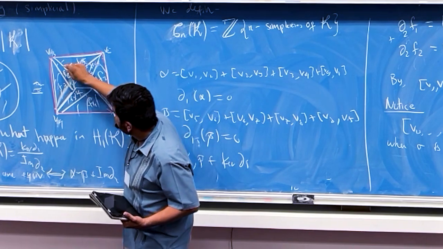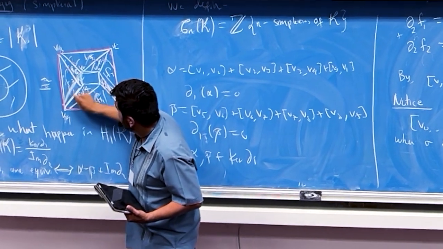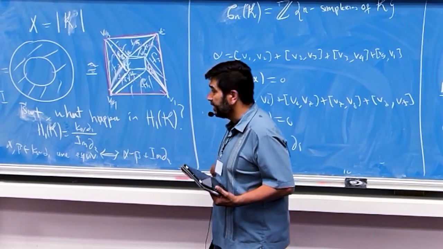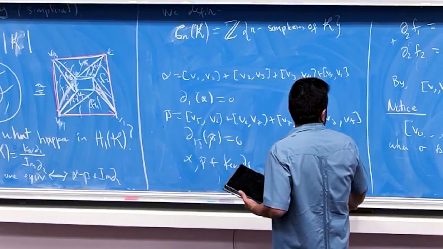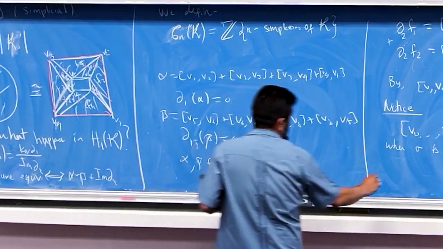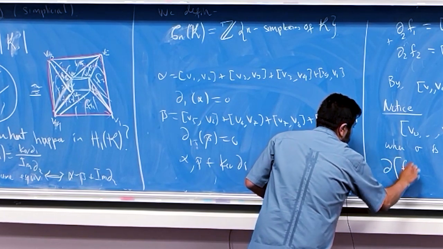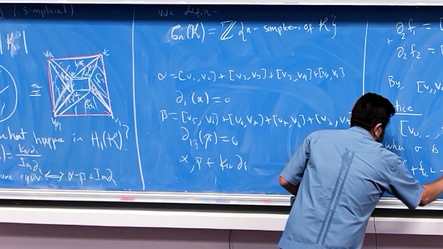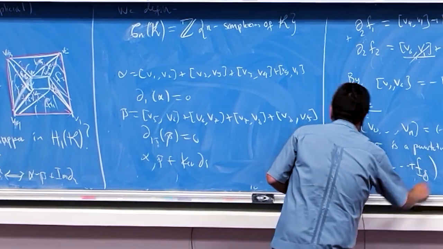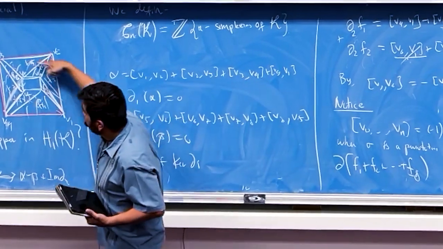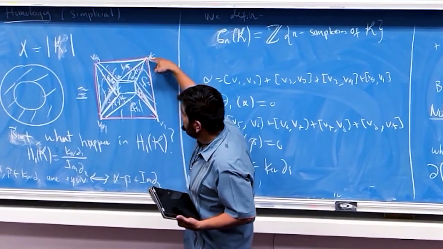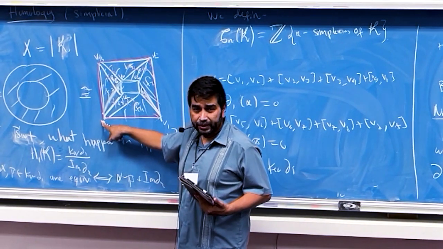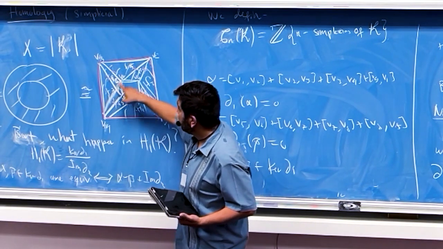All of the ones in the middle are going to get canceled if I take the boundary. If I take the boundary of F1 plus F2 up to F8, all of the ones in the middle are going to get canceled. And the only ones that are going to survive are the ones at the boundary, the red ones and the blue ones.